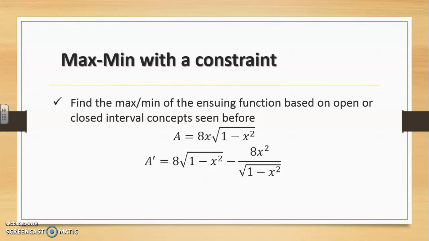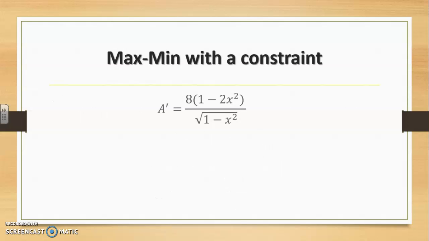So that explains that second term, which I'll leave to you to verify. Combining everything with one single common denominator, we can then simplify the root at the numerator, combine powers of x, and a reduced form for A prime will be 8 times 1 minus 2x squared over the root of 1 minus x squared.